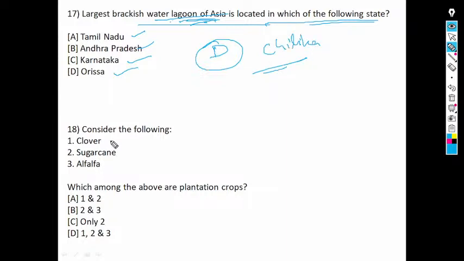Next, consider the following: clover, sugarcane, alfalfa. Which among the following above are plantation crops? Clover, sugarcane, alfalfa.